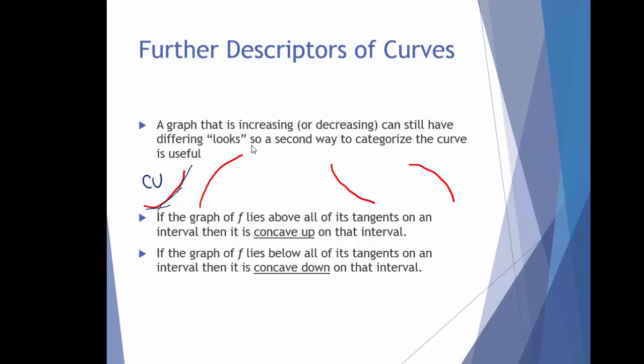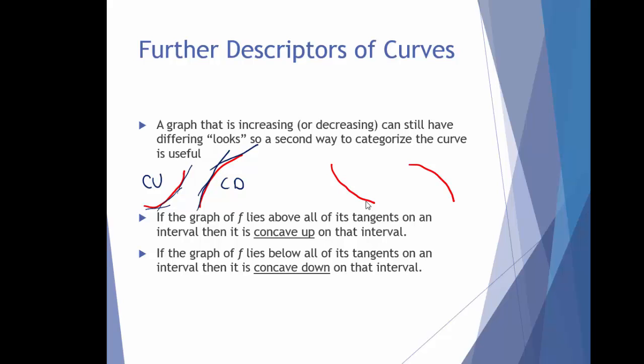As opposed to this increasing function. Notice if I start drawing its tangent lines, let's say here, and here, and here, the function always lies below its tangent lines, as far as I have it drawn. So this one would be considered concave down, a CD.